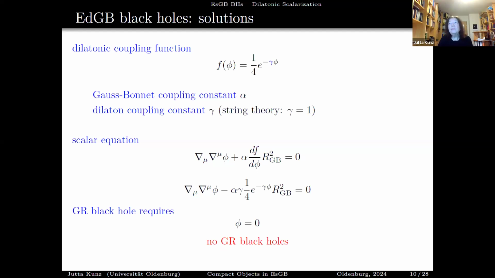But for a GR solution, we would need a vanishing scalar field. So now we always have a source term, so we always are going to have black holes with a scalar field and no GR black holes. They may just occur in the limit where we switch off the coupling constant. We start from GR, and then we might approach them.